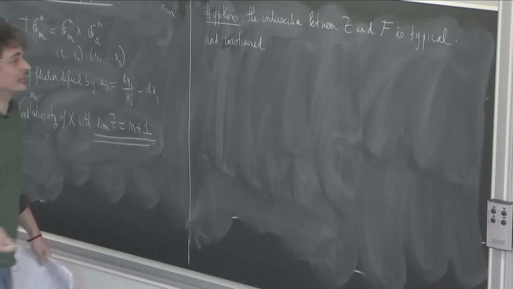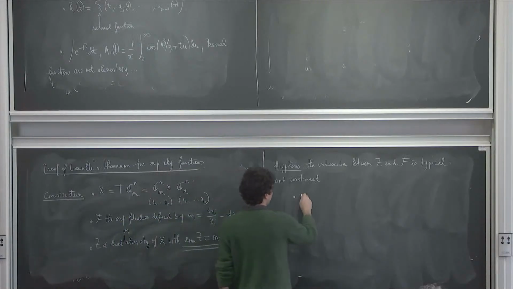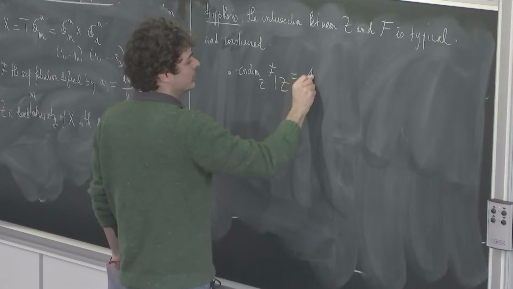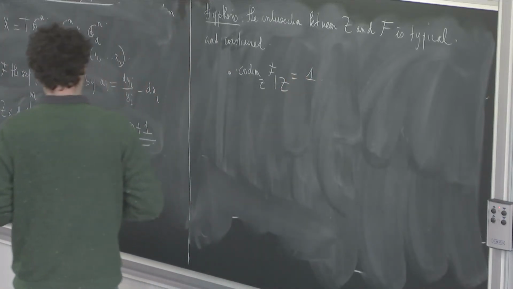What does that mean? It means in this setting, because we have fixed the dimension of Z, that the codimension in Z of the restricted foliation is n, which is the same thing as the codimension of F.